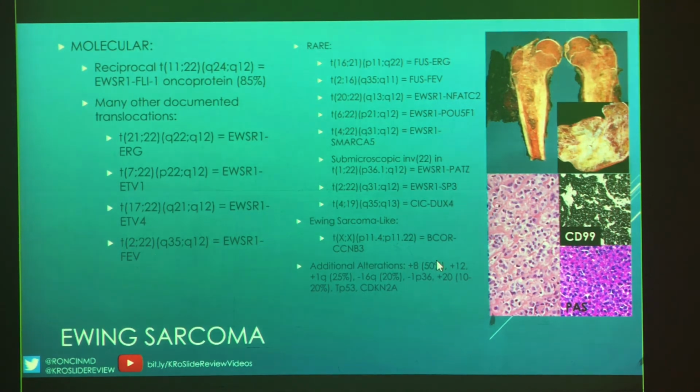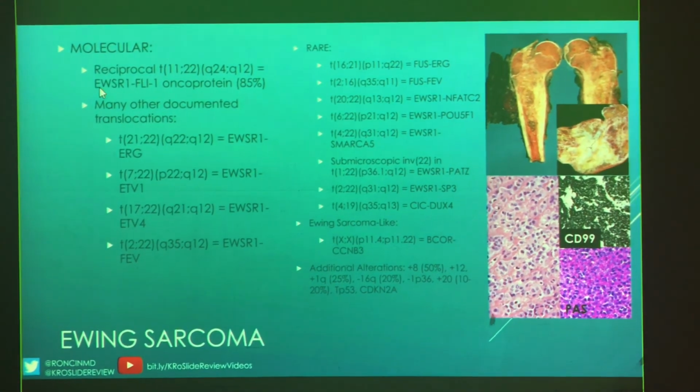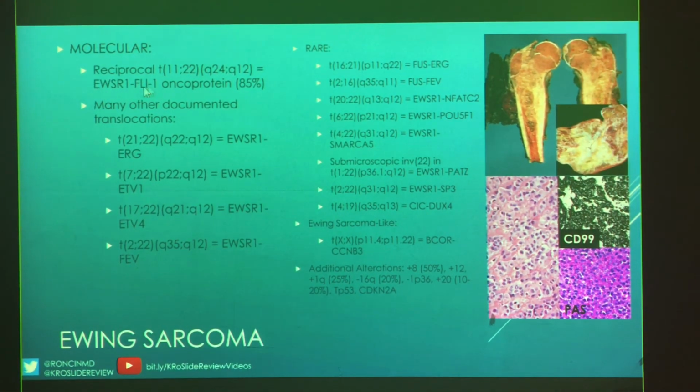Molecular, okay, when molecular gets an entire page to itself, here's the one to know. EWSR1-FLI1 oncoprotein, t(11;22)(q24;q12), 85%. That's the one you want to do, and what you can see is that the EWSR1 is very promiscuous.